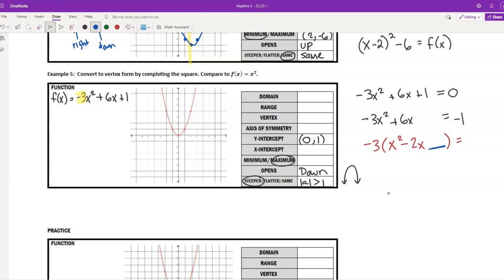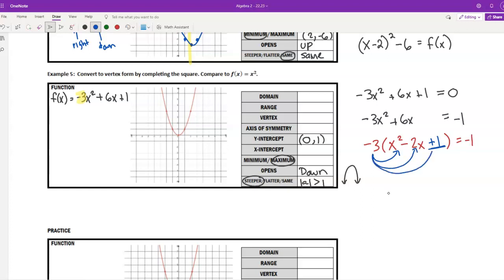So, what's half of 2? 1. And 1 squared is positive 1. On this side, we already had negative 1. And you might be thinking, I just have to add 1 to this side because I added 1 to this side. Almost. If I were to distribute this 3, that makes it negative 3x squared, and this becomes positive 6x.